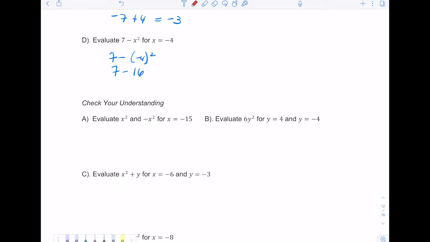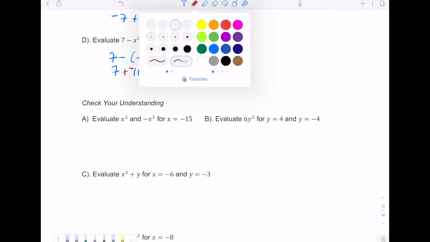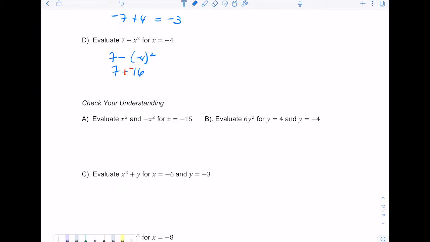And then I'm going to change the minus to a plus, change the sign of the second number. Okay, 7 plus negative 16 would give me negative 9. And I'm getting that because, remember, when you're adding unlike signs, you subtract the numbers. 16 minus 7 is 9. And then you take the sign of the bigger number. 16 is bigger than 7, and 16 is negative. So my answer is going to be negative.